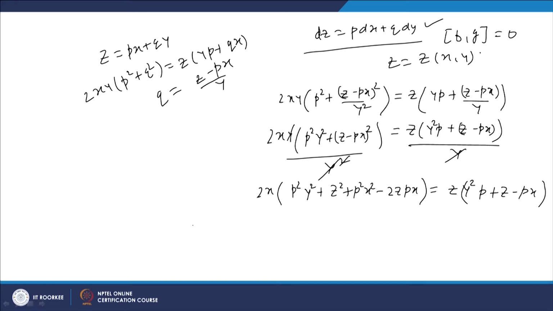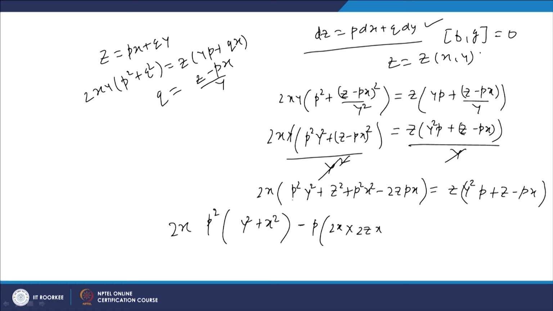Now, let us calculate the coefficient of p square here. Taking 2 x common, what will we get? Here we will get y square, and here we have x square. Is there any other term? No, we do not have any other term. Now, let us calculate the coefficient of p here. Let me write it here, minus p. What will you get here? 2 x is here, and here 2 z x, so 2 x into 2 z x.